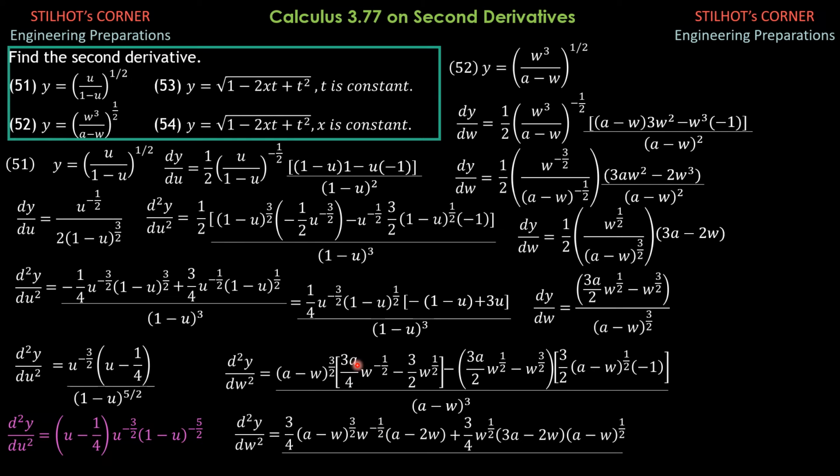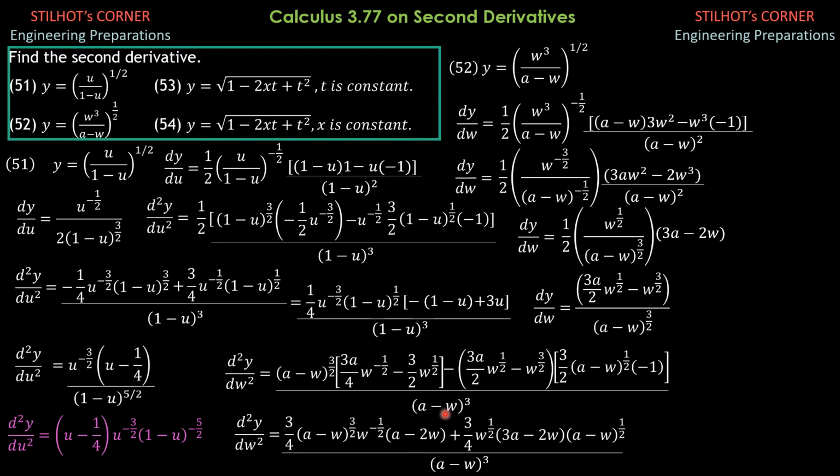Then this term divided by this common factor is negative 2w, because supposedly that's 3/2 of (a minus w).